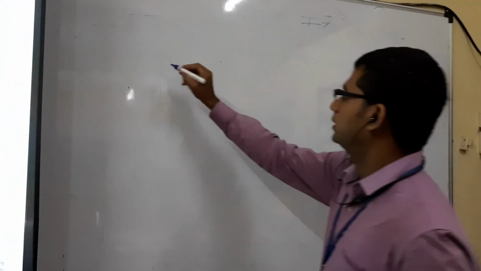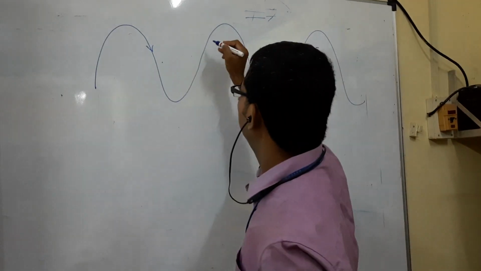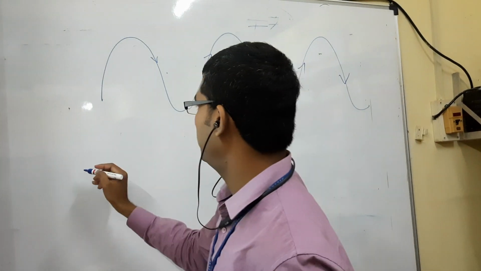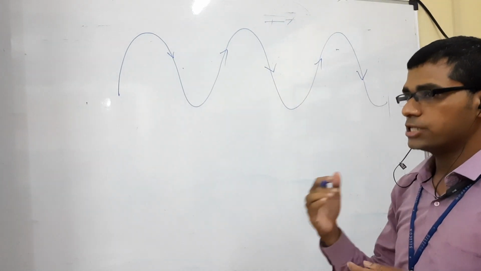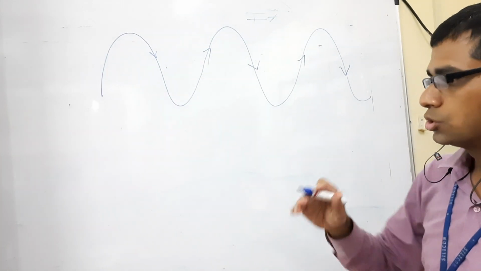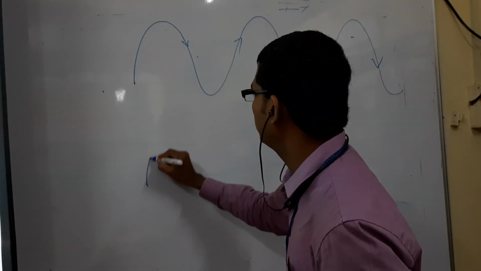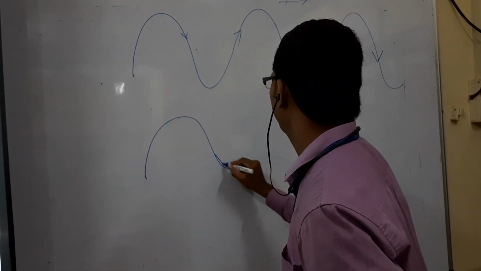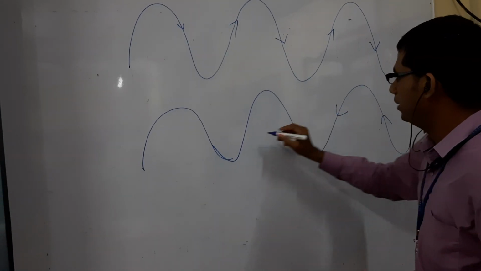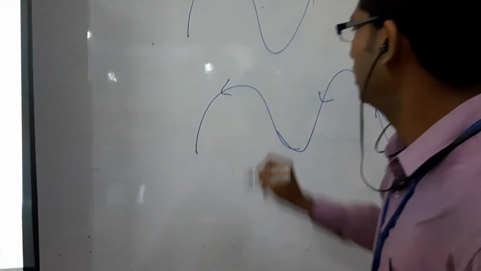Suppose you have this incident wave. This is going in this direction. If there is a constructive interference, then this crest will overlap with crest and trough will overlap with trough. So you get a maximum amplitude. Suppose the reflected wave is exactly in the same phase of the incident wave.